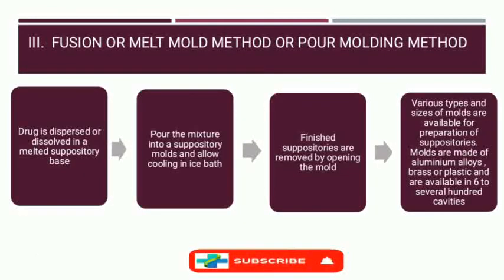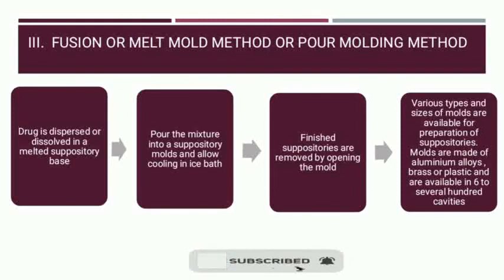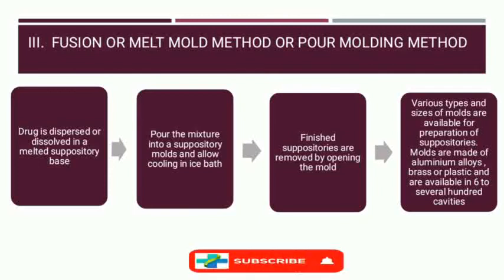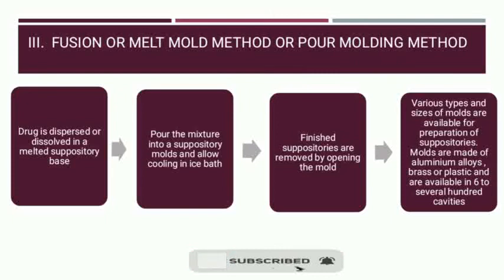So this is the stepwise process. Initially the drug is dispersed or dissolved in the melted suppository base. Pour the mixture into the suppository mold and allow cooling in an ice bath. Then the finished suppositories are removed by opening the mold, and various types and sizes of molds are available for the preparation of suppositories.